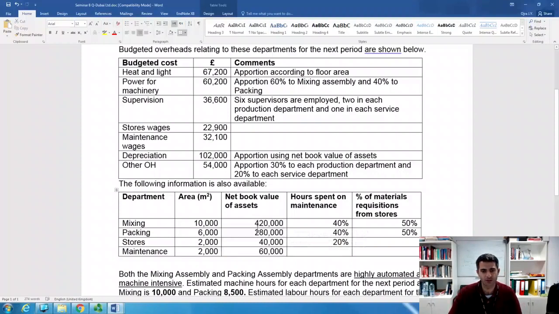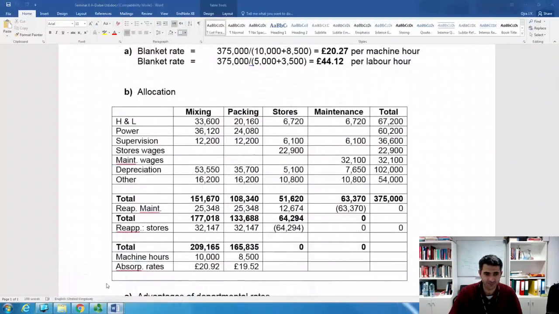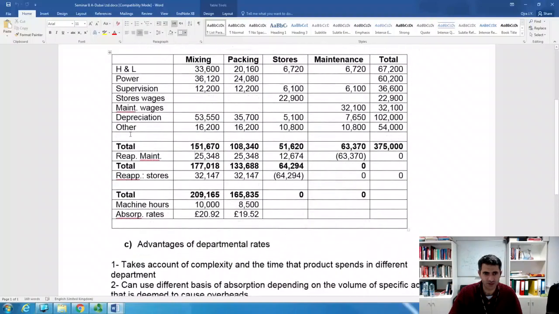So to allocate, the first, mixing, is 420 divided by 800 times 102,000. The second one, 280 divided by 800 times 102,000, and so on. That's the total cost allocation for depreciation.